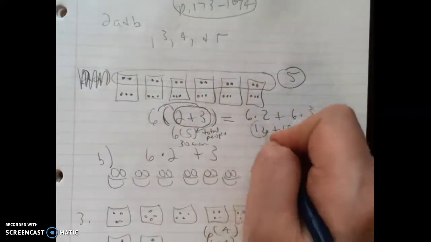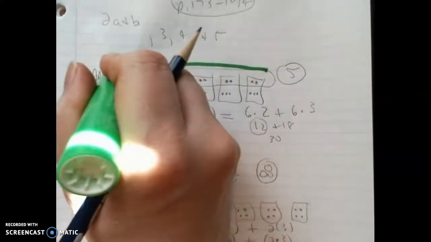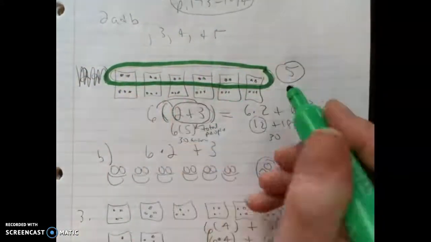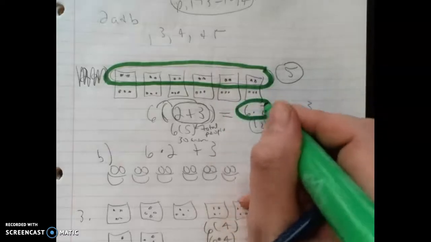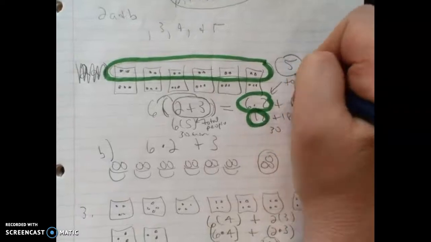Or you can look at, say, the front row people and get the total for them. So the front row people are 12. Okay, so I might circle them in green. So instead of totaling the cars, I could total the front row people, which is 6 cars with 12 people in the front row. So I could total front row people first.